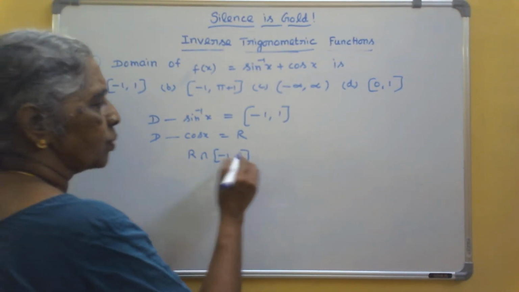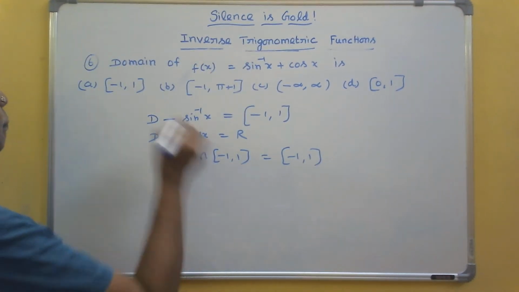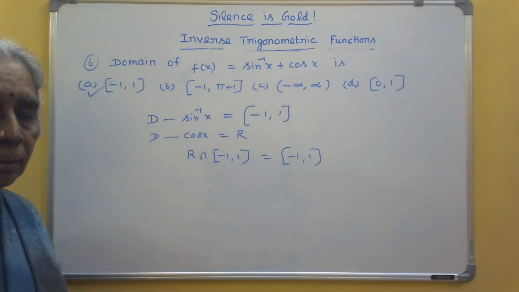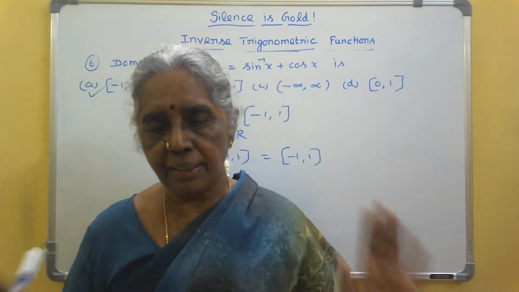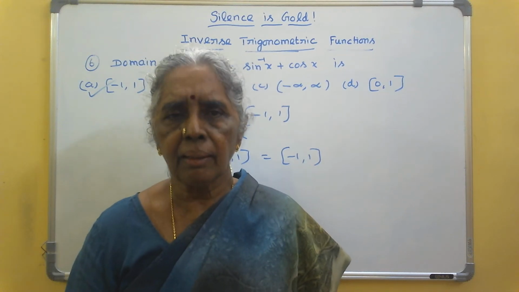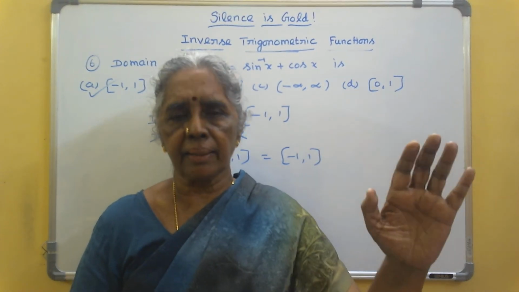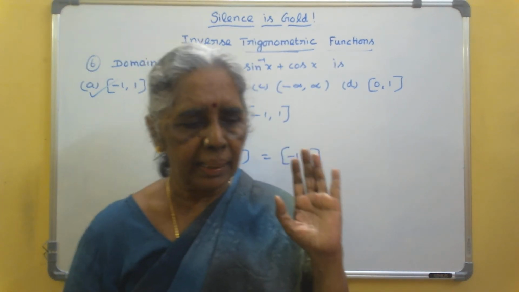R contains this also, so the intersection is nothing but minus 1 to 1. So this is your answer. Whenever you get two different types of functions, please remember, first take the domain of each one separately, then find the intersection, that is the common domain. That should be your answer.